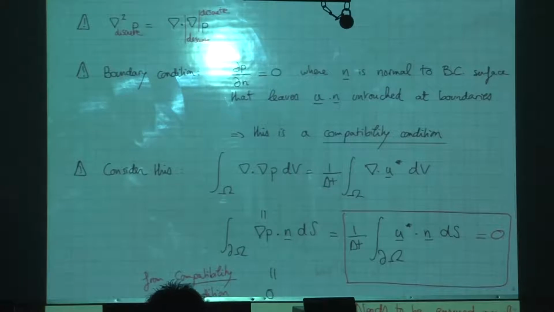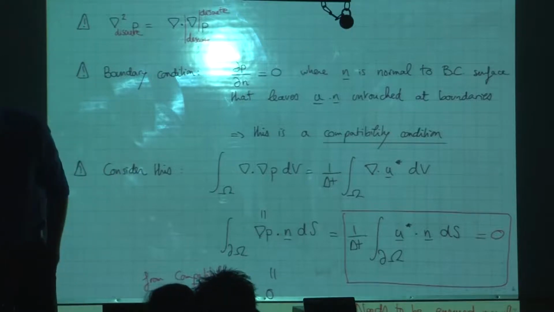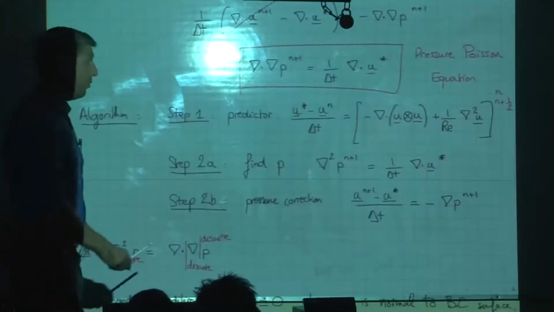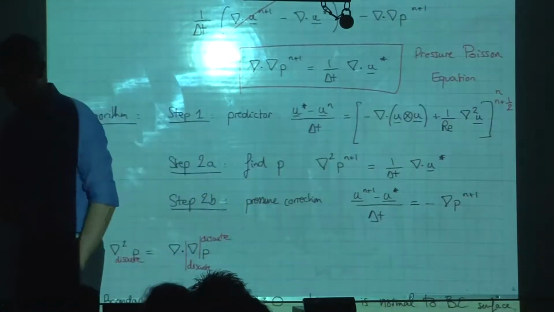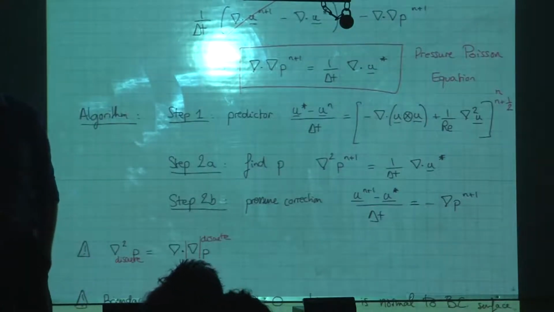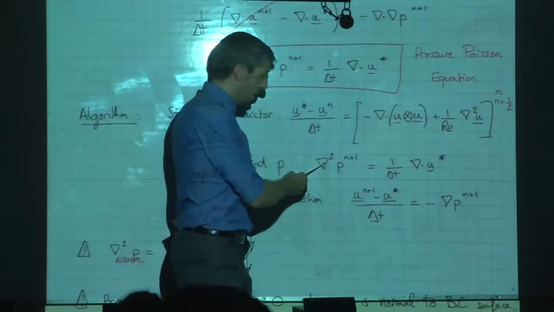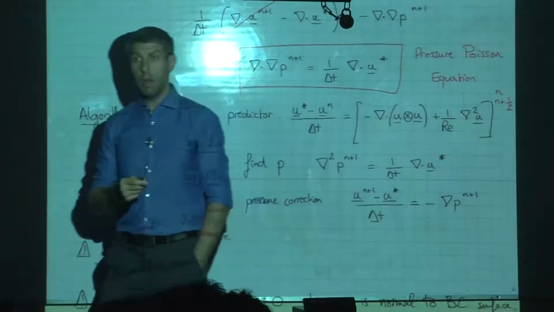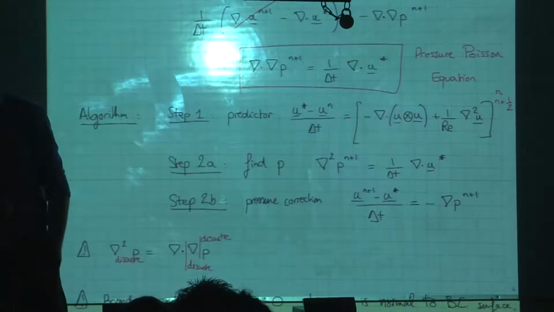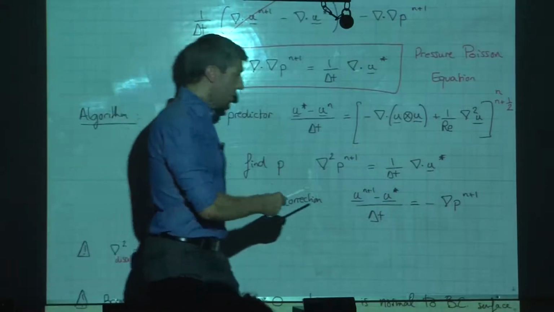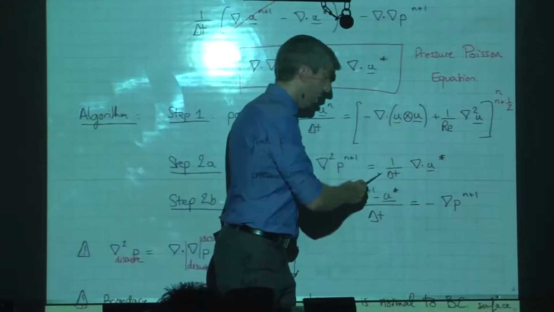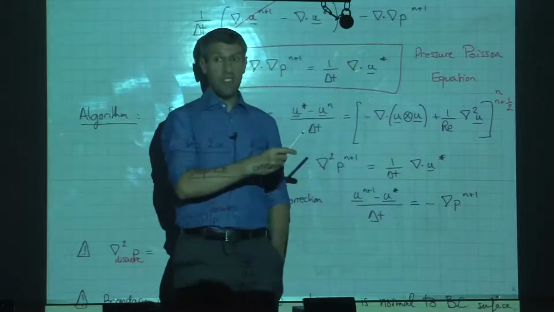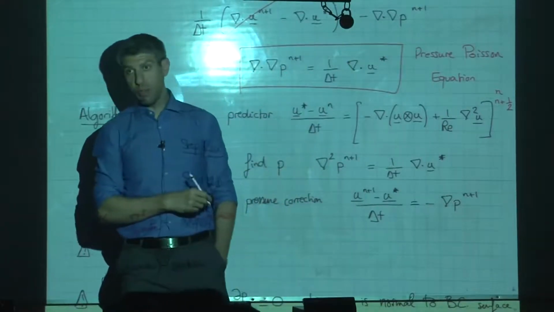I'll say one more thing on this level, and then we'll go to the notes. When I solve this equation, I don't know if you observed that, but the Laplacian operator is not an invertible operator. That means I cannot compute the Laplacian inverse. That means that the only way I can have a solution here is if my right-hand side lies in the image of my Laplacian operator.